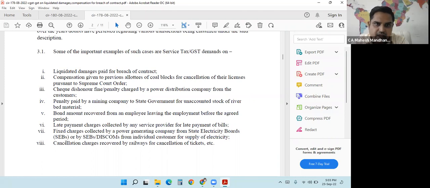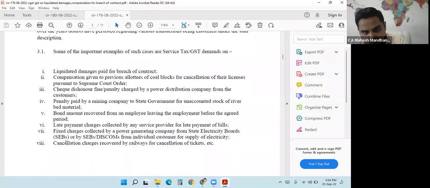So whenever any party gets damages from another person for breach of the contract, it is not for the purpose of tolerating that breach, but on the other hand, it is for the purpose of non-tolerance of that breach. And what is liable to tax as a service is tolerating an act. And getting the liquidated damages clearly means you are not tolerating that particular act. Hence, you are getting the amount as a penalty, as liquidated damages. So this is a thumb rule.